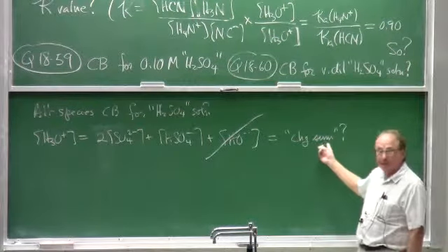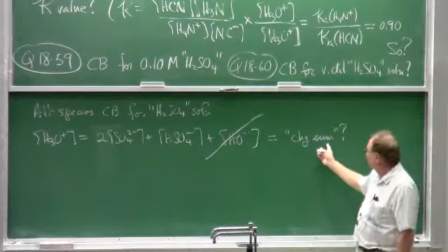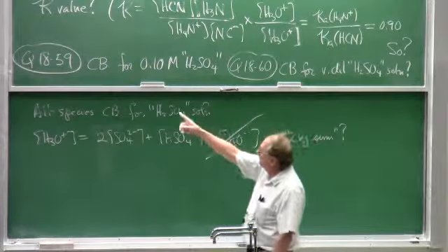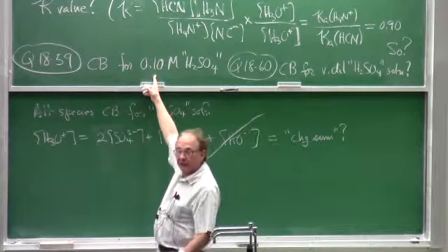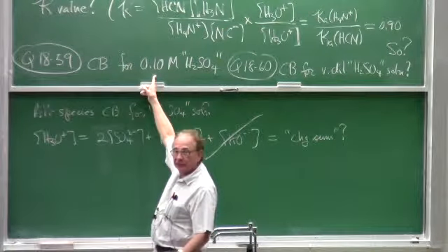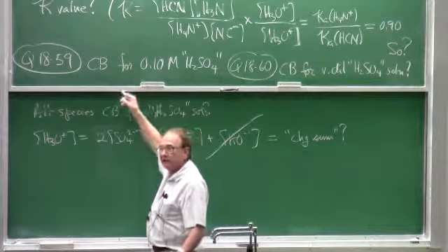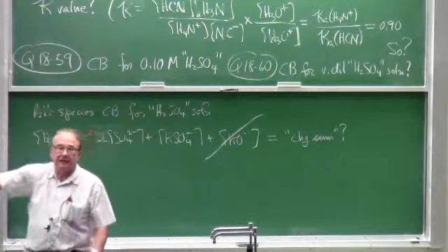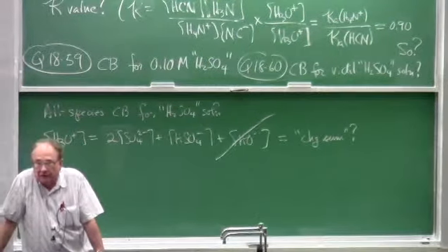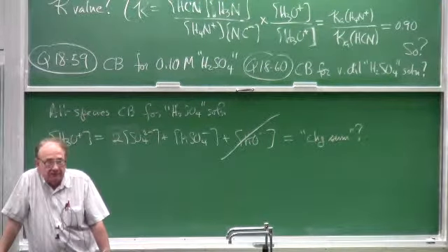So you got the charge sum in the box, but you don't know what it is. It's bigger than 0.10 molar, less than 0.20 molar. But what is the exact value? You have to calculate the ionization extent for hydrogen sulfate ion to know the exact value.